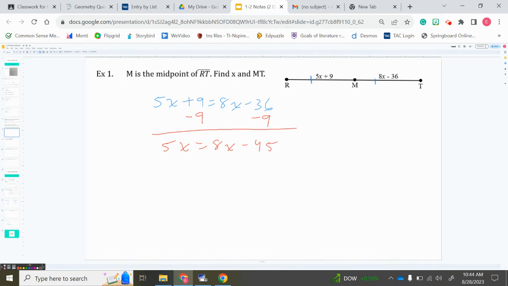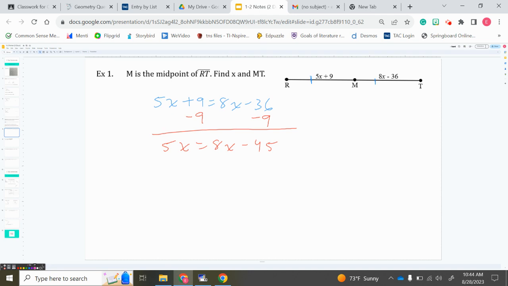Now that that's complete, what's the next step here? We got the numbers to one side. Numbers on one side, what do we bring to the other side? Perfect.